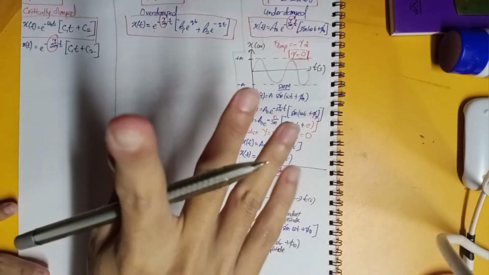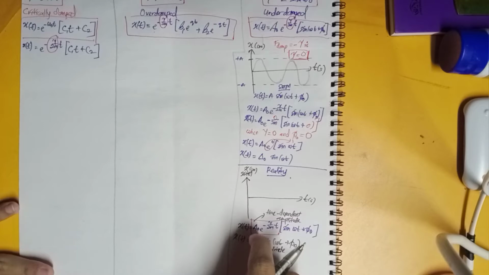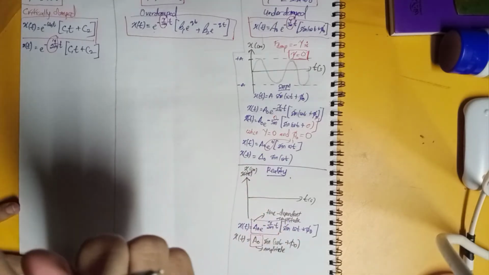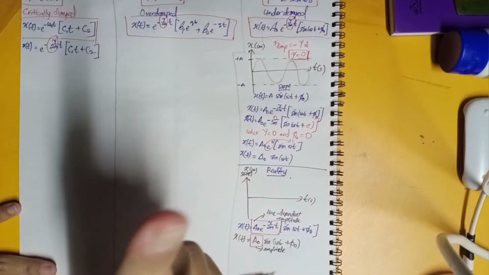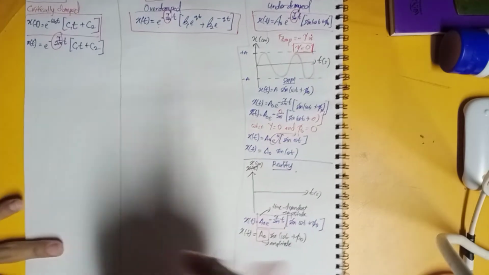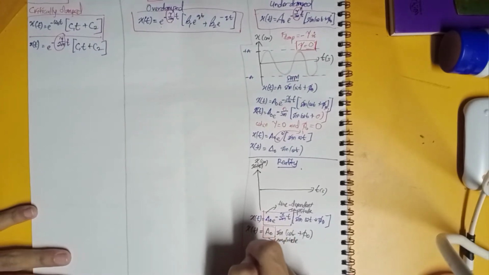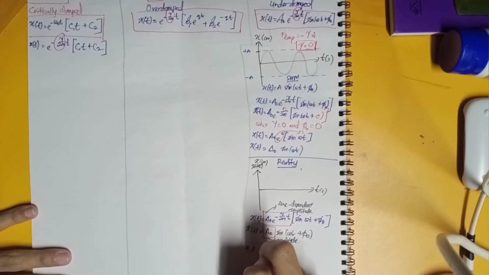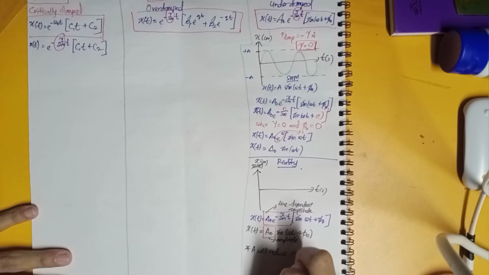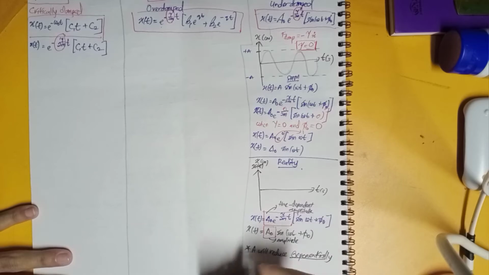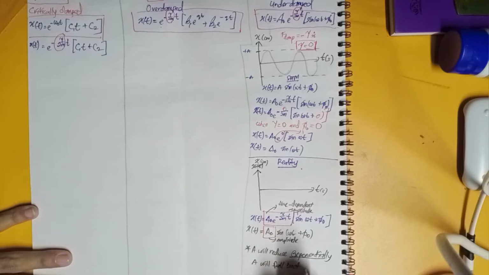Or we call it the amplitude of the system will reduce exponentially, or A will fall back to 1 over e.